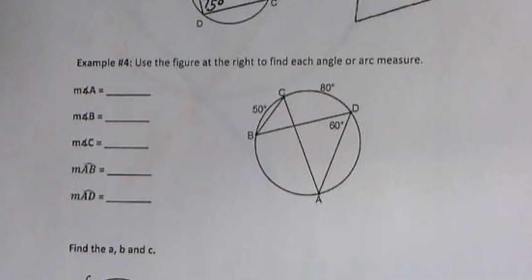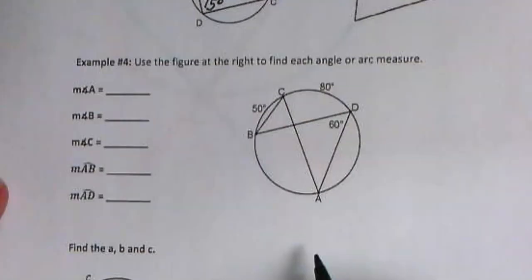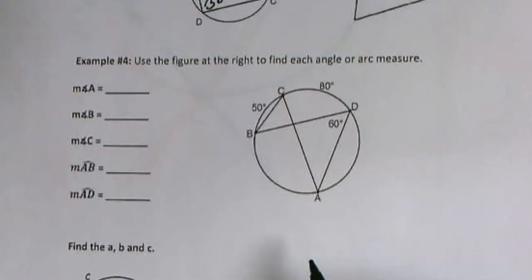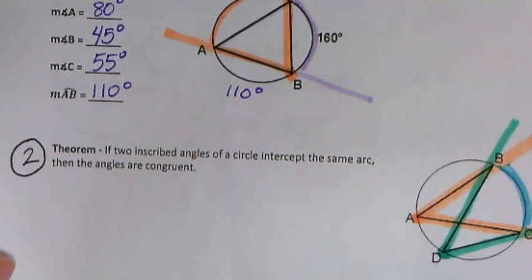It says, use the figure at the right to find each angle or arc measure. The first thing I notice is that this reminds me of Theorem 2, because we have two different angles intercepting the same arc.